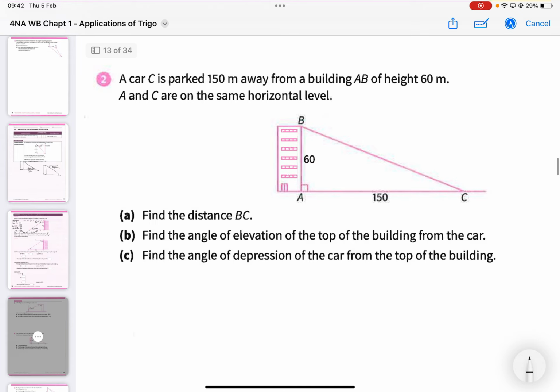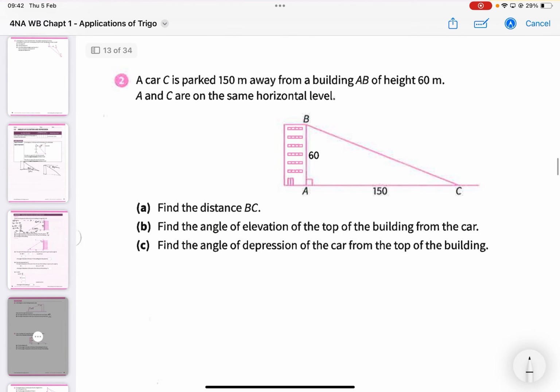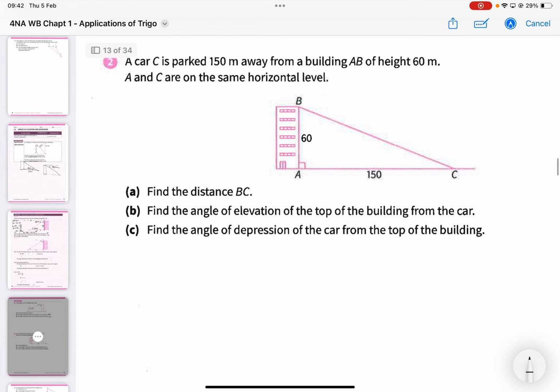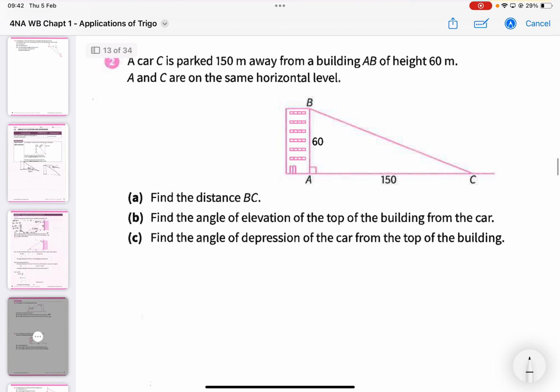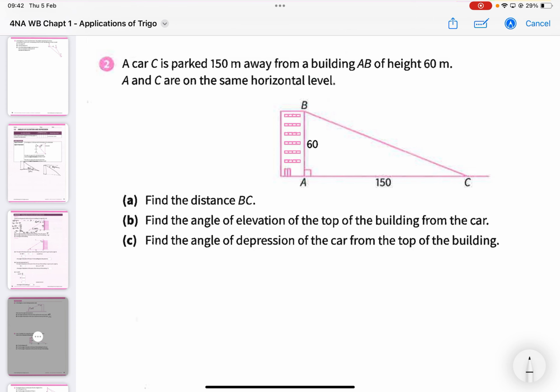Your questions that you will face are more likely like question 2. A car is parked 150 meters away from a building. AB is the building, AB is the height.